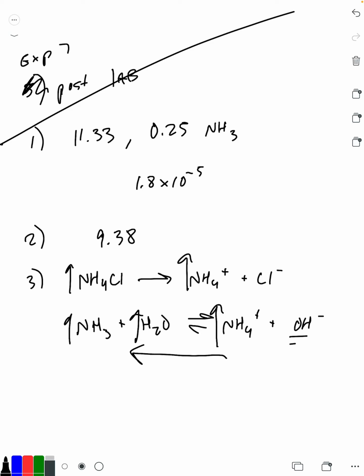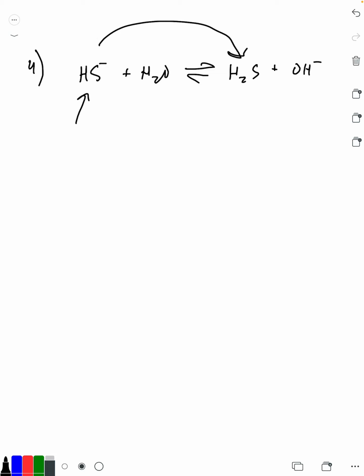Number 4, this is the one where they wanted you to explain the HS minus H2O reaction. What would happen when you add acid or base without talking about Le Chatelier's principle? Simply stated, if you add acid, it's going to protonate this guy and turn it into this guy.